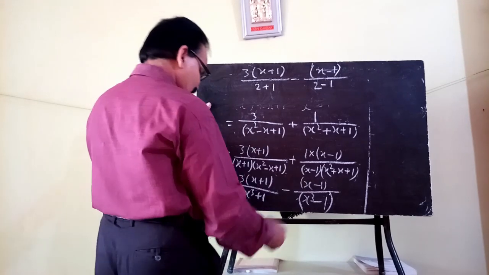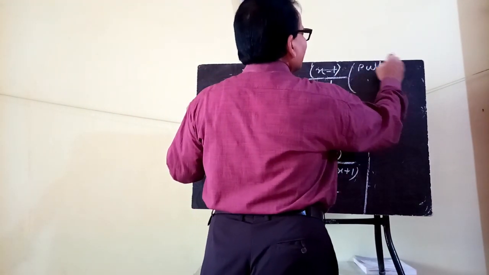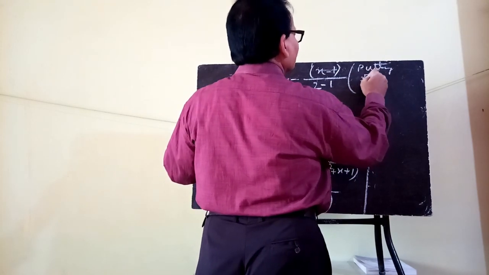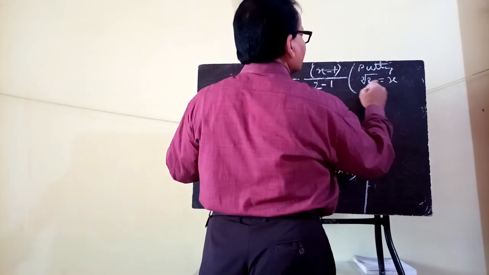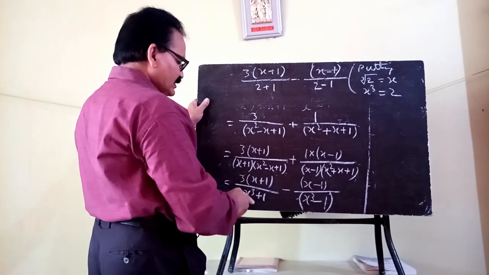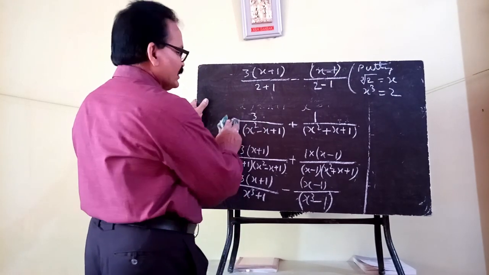Okay. So here you have put the cube root of 2 as x, so x cube is 2. So instead of x cube, you have substituted 2.